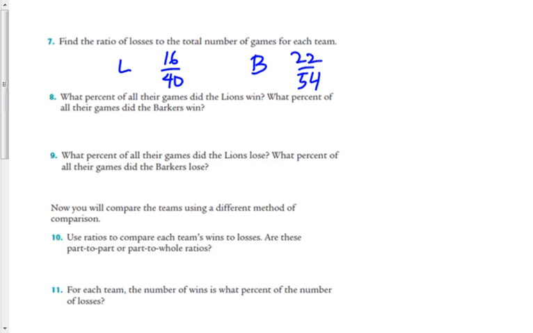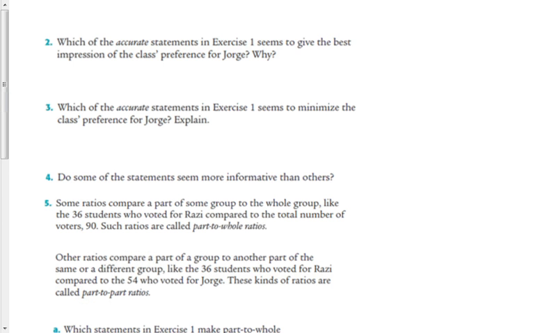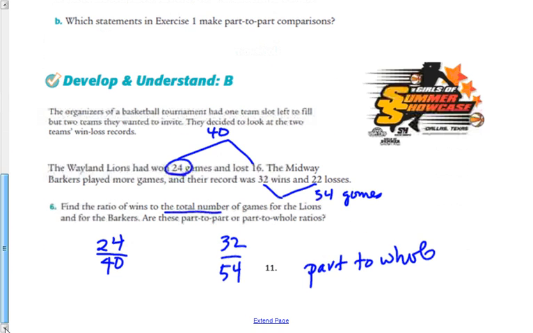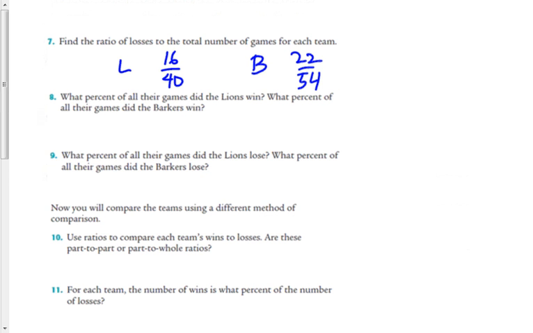Number 8 says, what percent of all their games did the Lions win? What percent of all their games did the Barkers win? So the Lions won 24 out of 40.